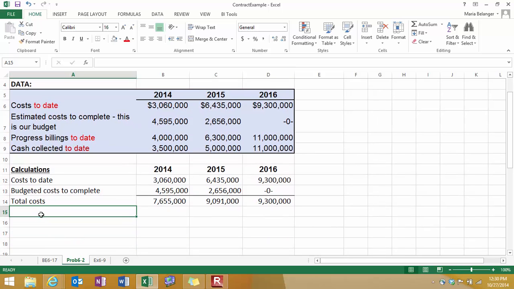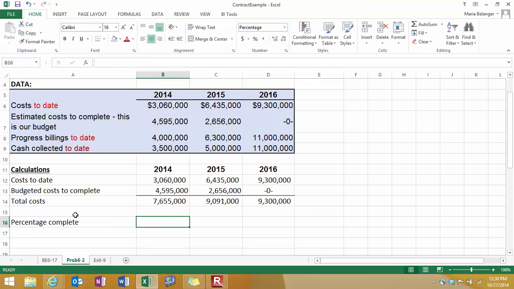to do this contract. So using our cost figures, we can now estimate the percentage complete by dividing costs to date by our total costs. And those total costs here, by the way, are budgeted for 2014 and 15, but when we get in the last year, these are actual dollars because now the contract is finished.